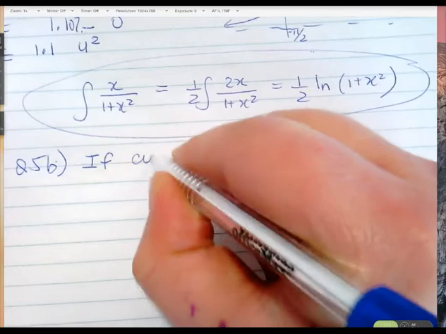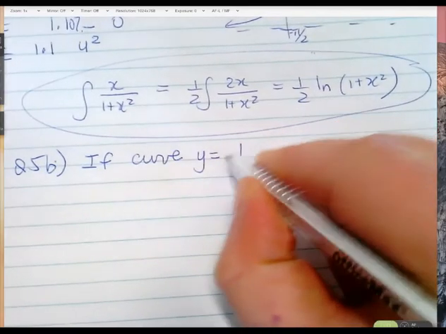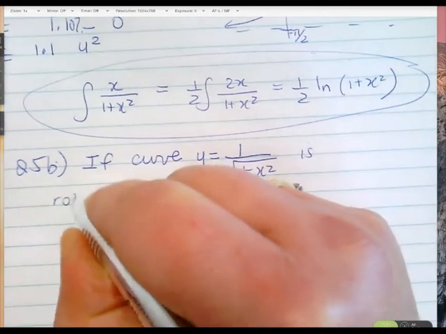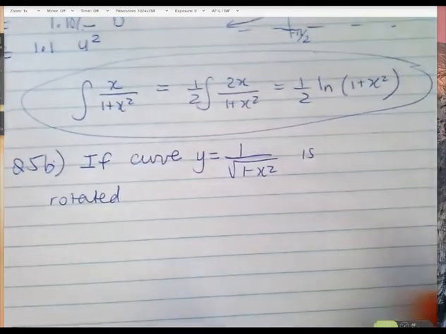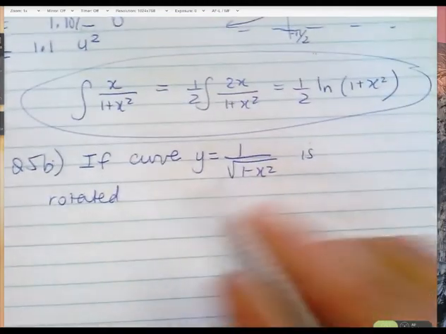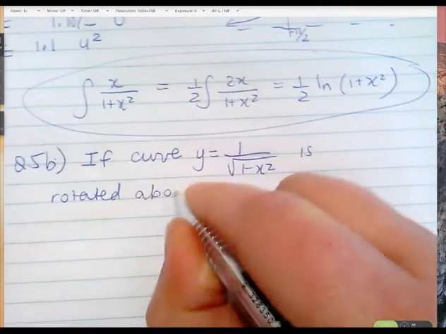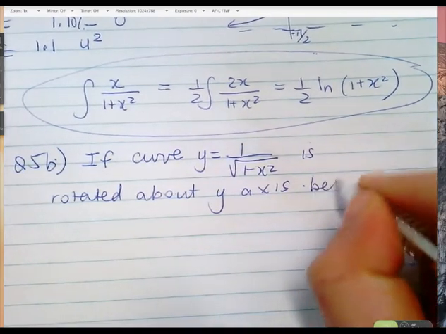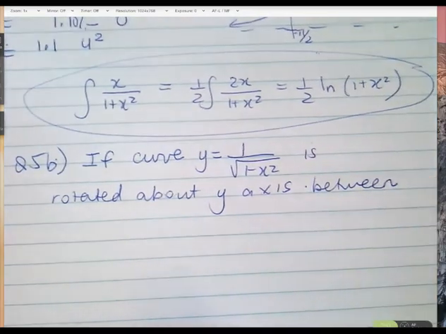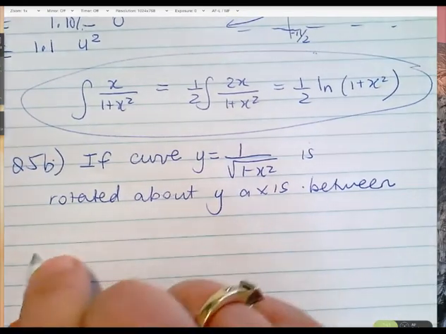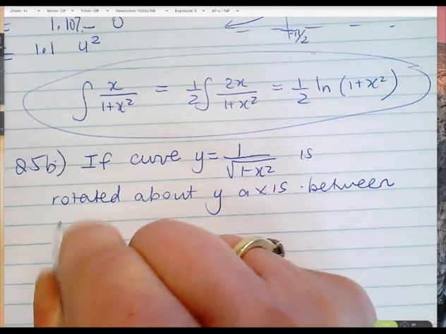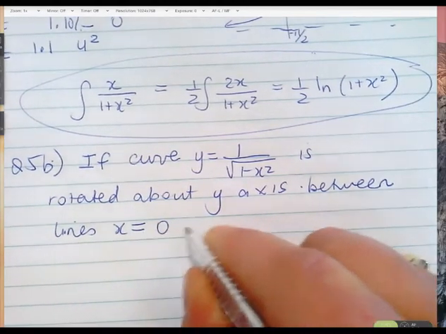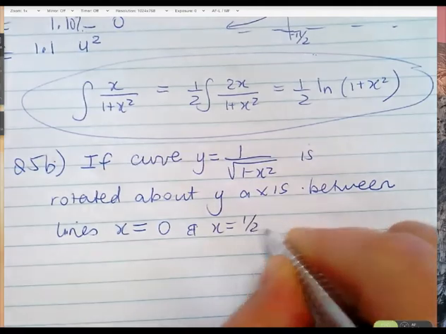If the curve y equals 1 over the square root of 1 minus x squared is rotated, so find, not if, can we put find the area? Oh, it doesn't matter. If that curve is rotated about the y-axis between the lines, I know this is going to seem weird, x equals 0 and x equals half.